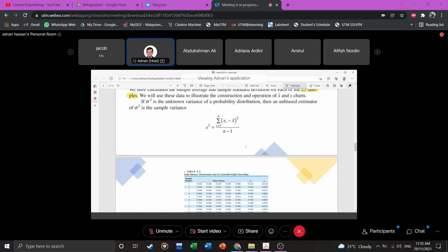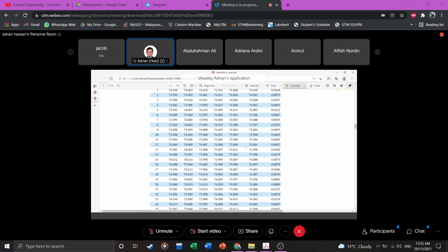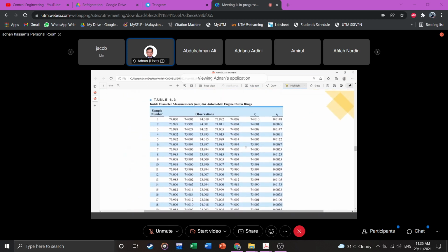I think an example may be easier for you. Let's say this is an example of data taken: inside diameter measurement of automobile engine piston rings. We have the sample number, which is basically the G value.